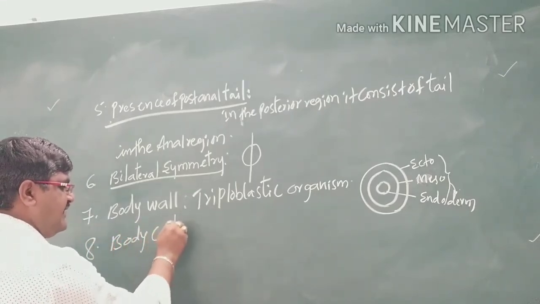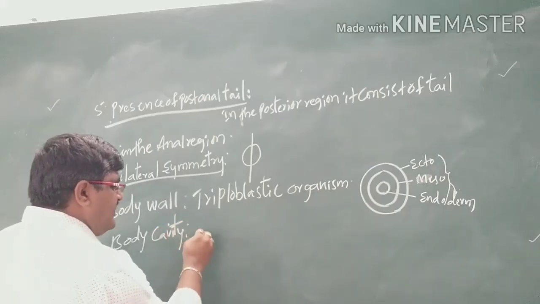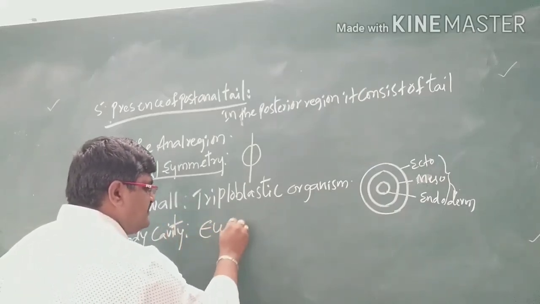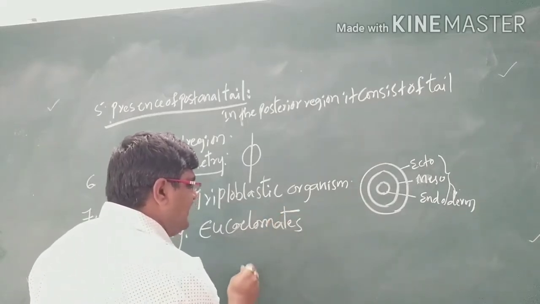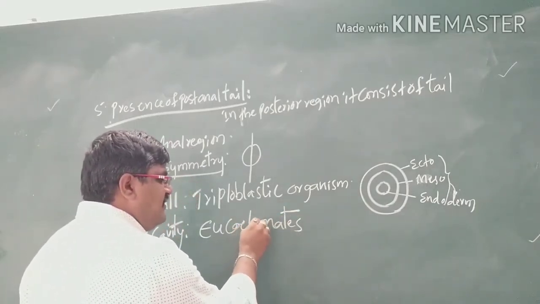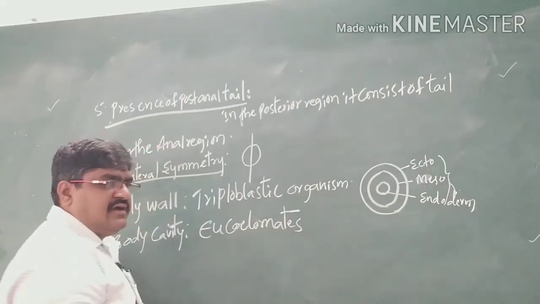And coming to the last one, the body cavity, it shows eucoelomates. Eucoelomates means having a true coelom between the body wall and the alimentary canal.